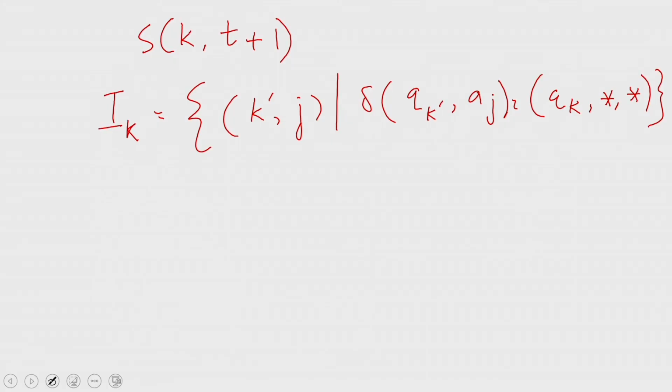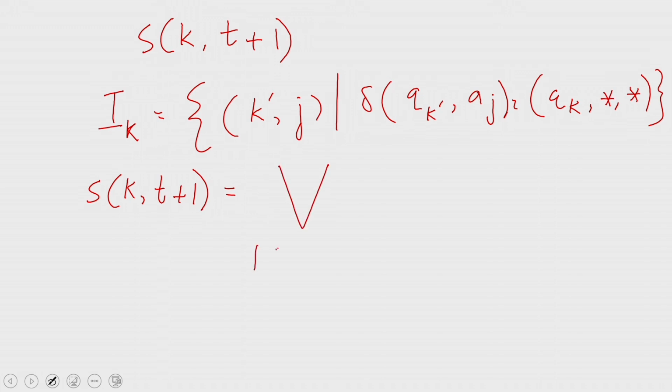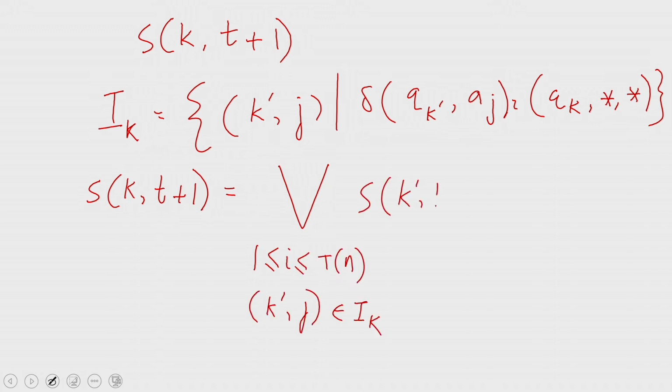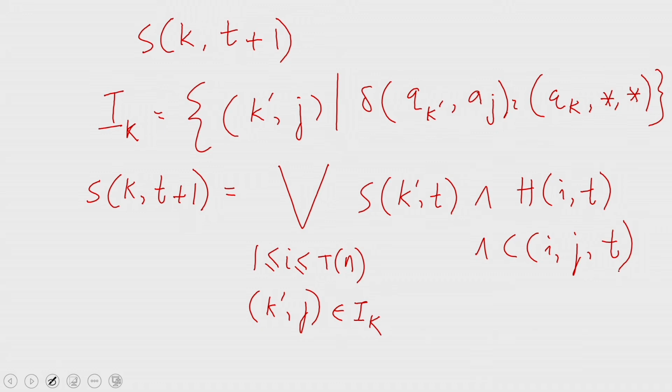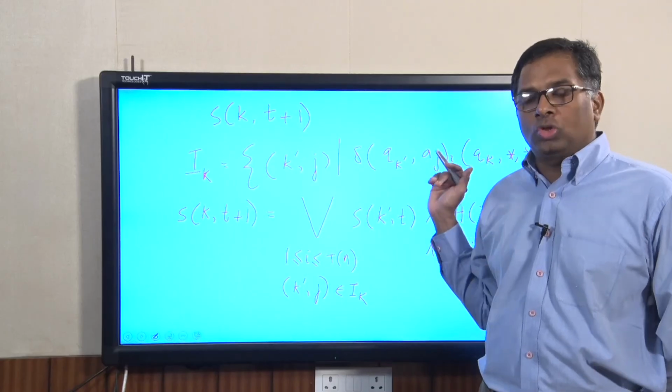Now, with Ik, we can write the expression for Sk t plus 1. We want to say that the machine is in state qk at time t plus 1. This is possible if there is an I ranging from 1 to T of n, that is, some cell on the tape. The tape is going to use T of n cells.